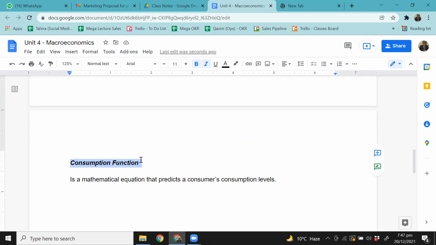Okay, now let's talk about this. What do you think are the factors on which someone's consumption depends? What are some of the main factors that decide whether someone would spend more, spend less, and so on?